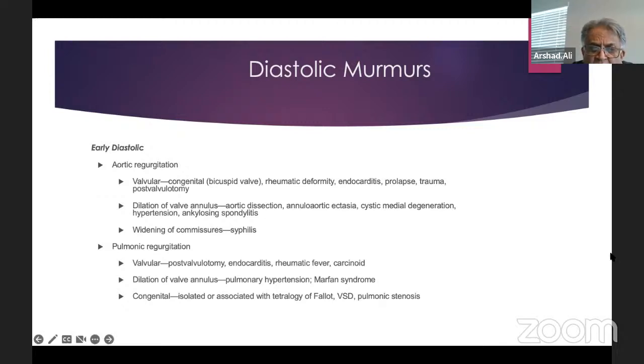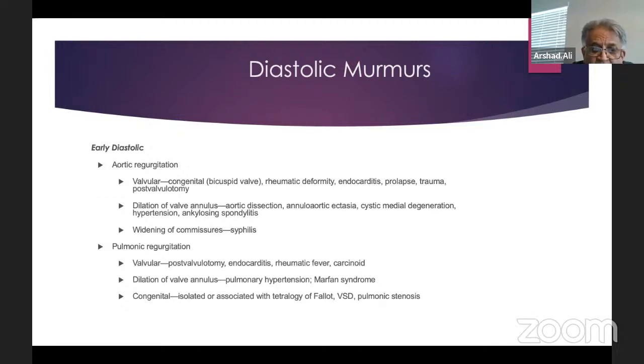In a lot of connective tissue diseases, aortic regurgitation is an associated phenomenon. The most common valvular abnormality you see with connective tissue diseases is aortic regurgitation, so you may auscultate an early diastolic murmur.